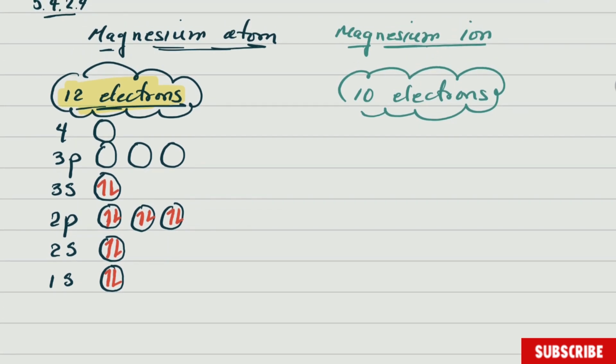Note the following: if you don't have enough electrons, the 3p and the 4s, this one here is the 4s, doesn't need to be represented. Now for the ion, you are going to do exactly the same.